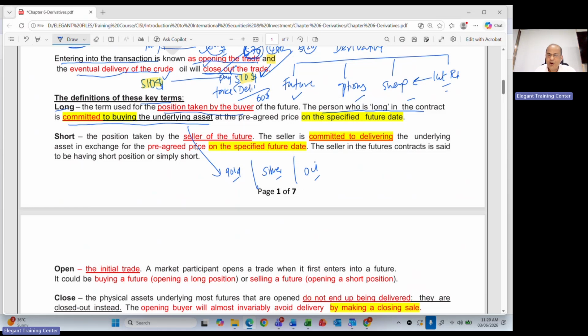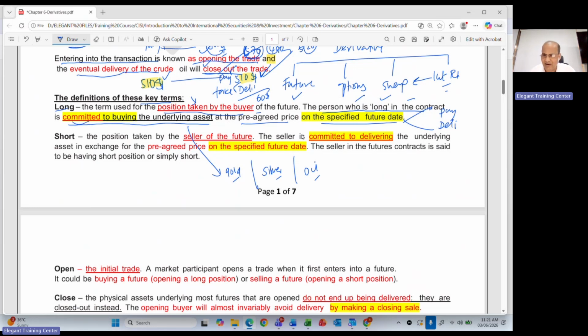Those are called underlying assets. In a future, you take the position called the buying position. You are going long. Long means buy. The price is fixed now, and on the future date you pay and take delivery. That's the concept of a future, and you are committed to buy.